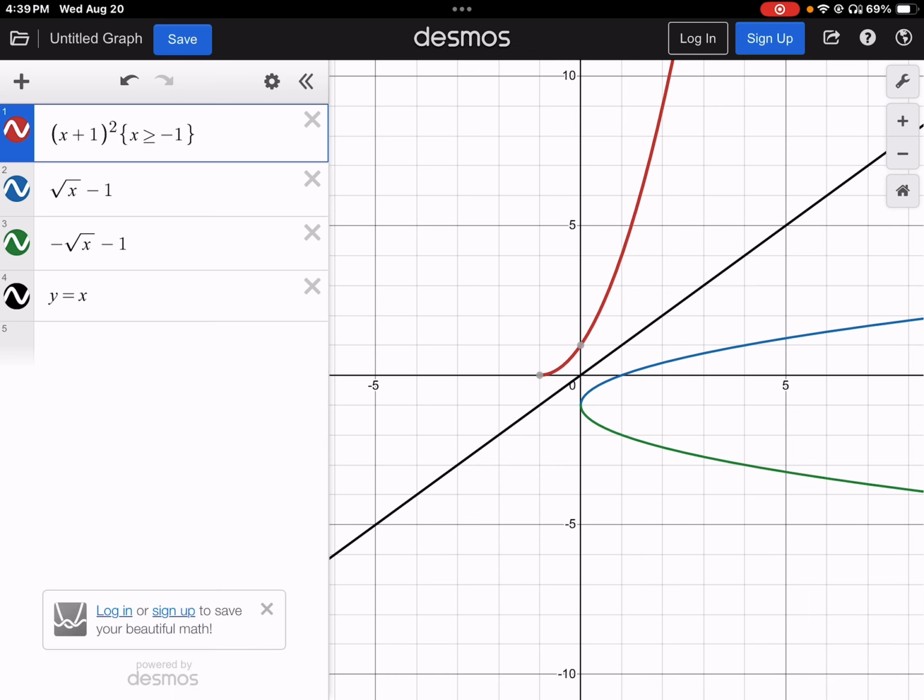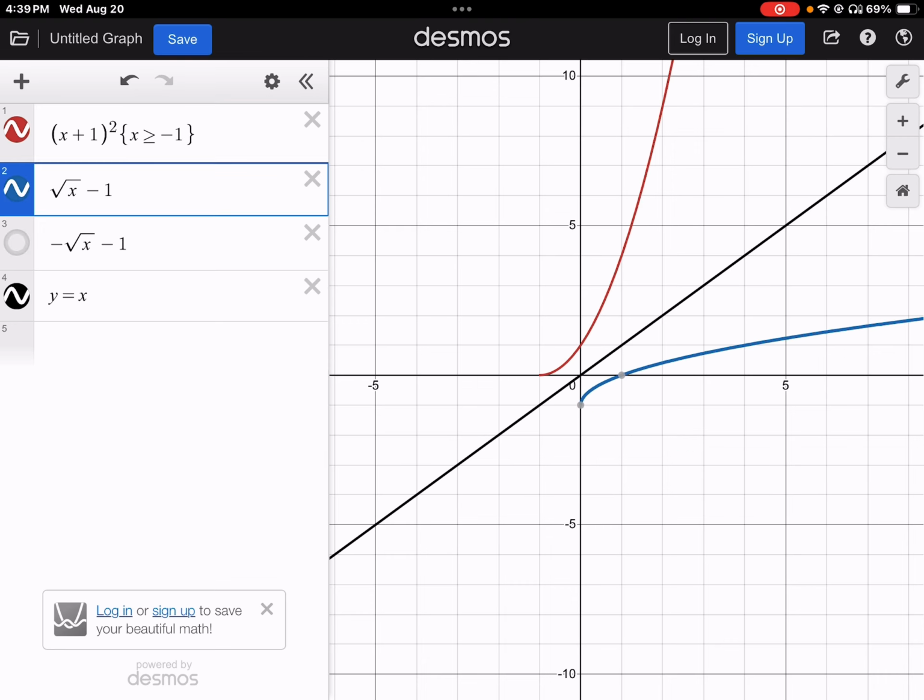Since I no longer have the left-hand side of my quadratic, when I invert it, I no longer have the bottom side. Now, both the function I am inverting and the inverse are functions. Both of them would also now pass the horizontal line test and the vertical line test, making both of them 1 to 1.